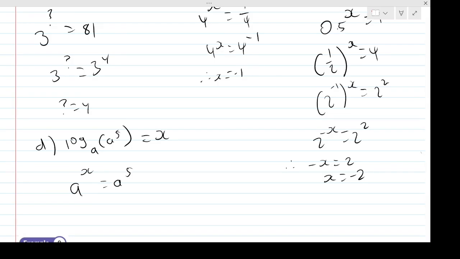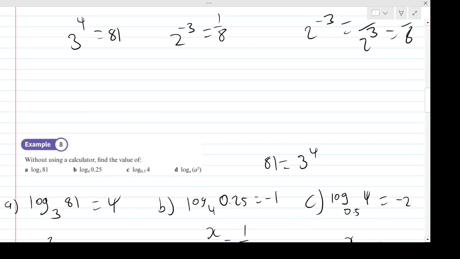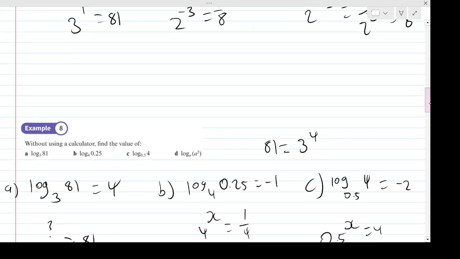It's very easy to spot then that x has to be 5. So that equals 5 there. Hopefully you're starting to get an idea behind logarithms, about what they mean and how we use them to find missing powers.